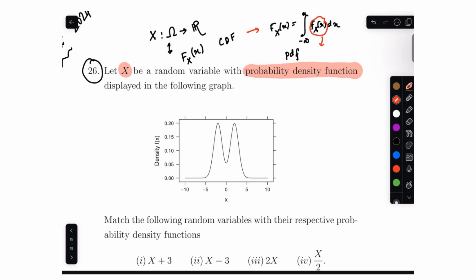Now you can say this is so complicated, but this is the true definition. For an easier version, it's said that if this is differentiable, then by the theorem of calculus, if you take the derivative on both sides, it turns out that F'(x) is f(x).